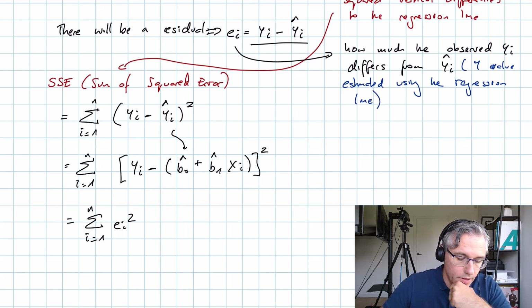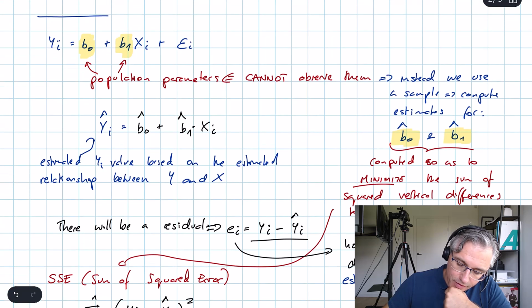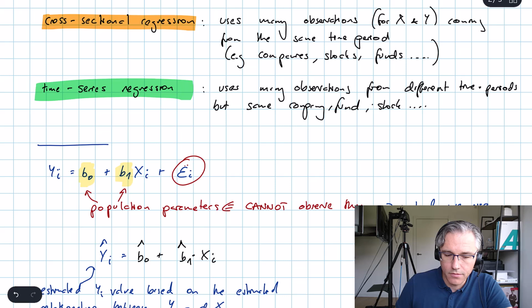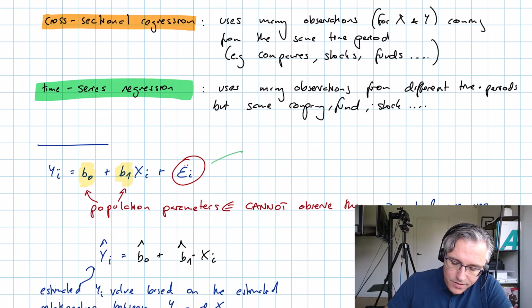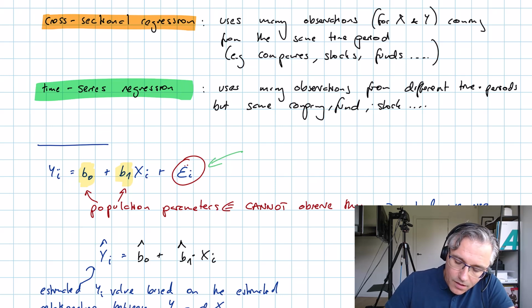Okay, and let me just tell you that this is absolutely different to the error term over here, right? Because this error term, which I wrote in the function from the previous video, refers to the underlying population relationship.